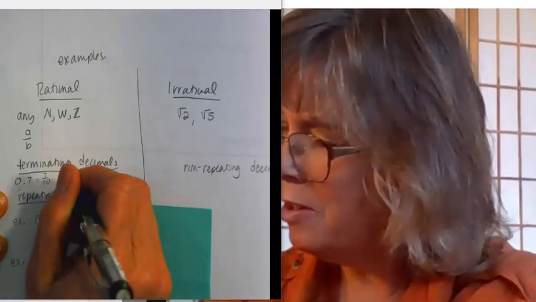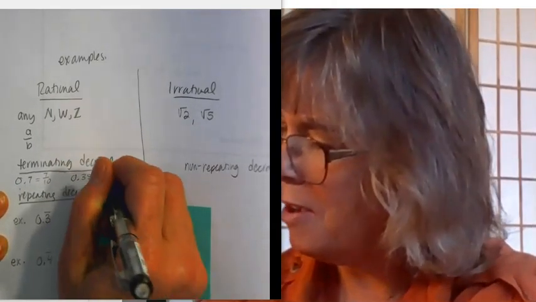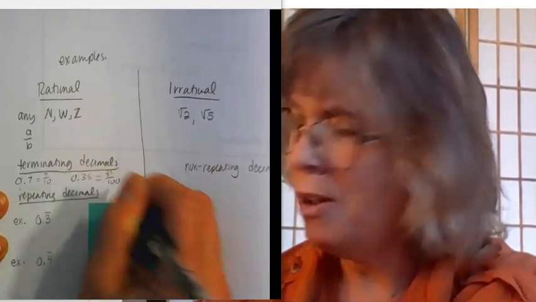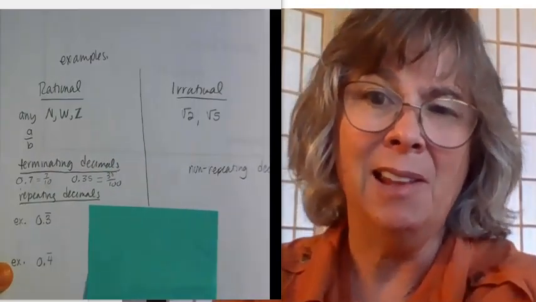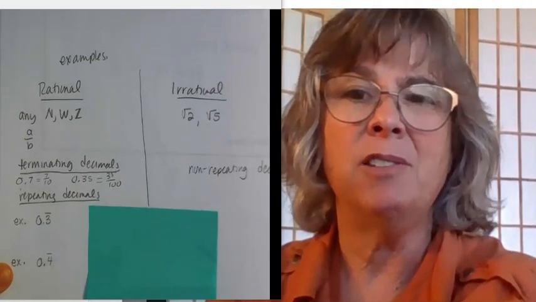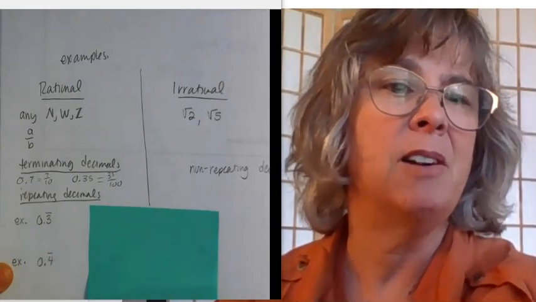If you have 0.35, that's equal to 35 over 100. So if the decimal is terminating, meaning it ends, then you can express that as a fraction, put it over 10 or 100, or if you have a third digit over 1,000, etc.